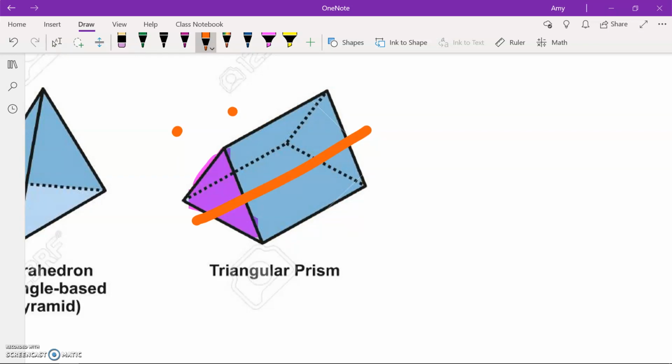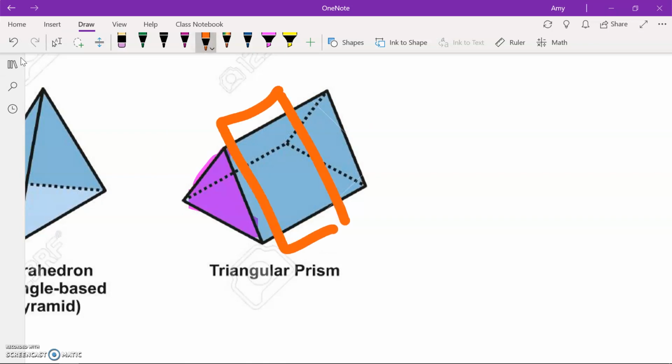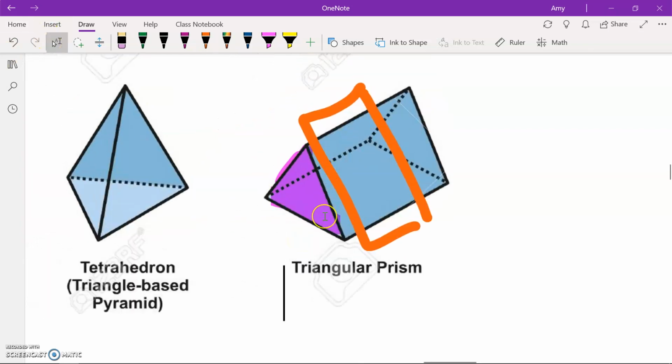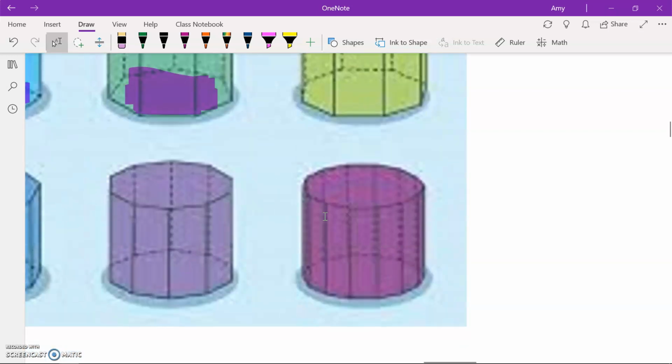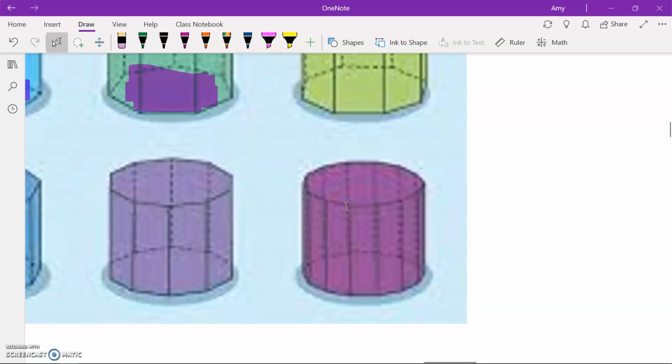If I took slices going horizontally, I would get a rectangle, but the slices that I would take would not be congruent. Versus if I took a slice kind of here, I'm going to get a triangle out. So what you see is that prisms can be on their side, they can be up and down, but that base is going to be the figure that's the same all the way through.